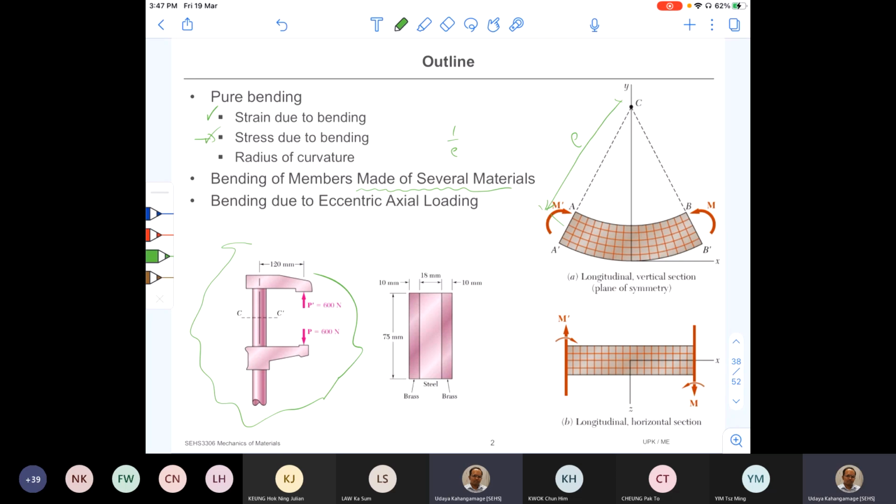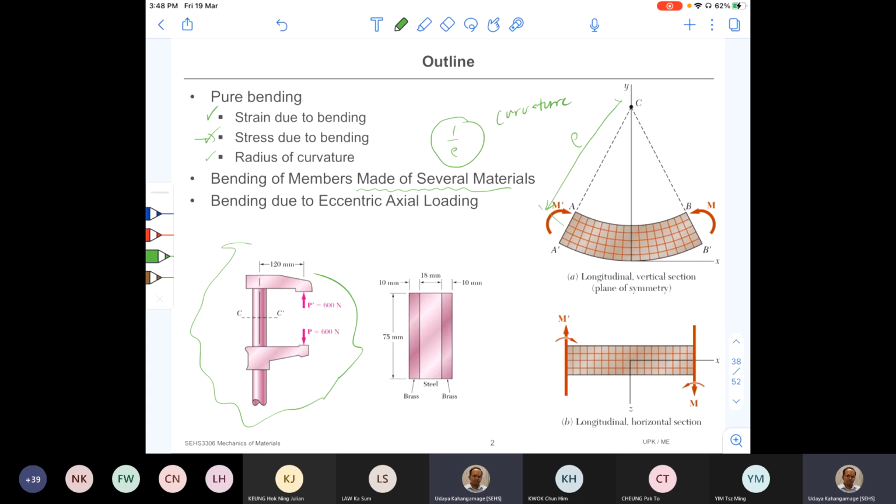Then we learned how to quantify the degree of deformation using the radius of curvature, or the reciprocal of the radius of curvature, 1 over rho, which we call curvature. Using those two quantities we can measure the degree of deformation.